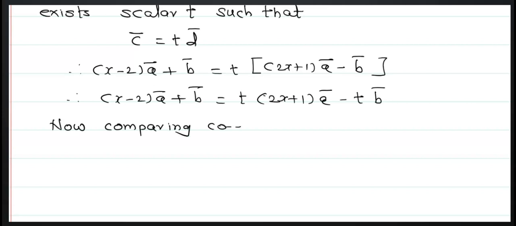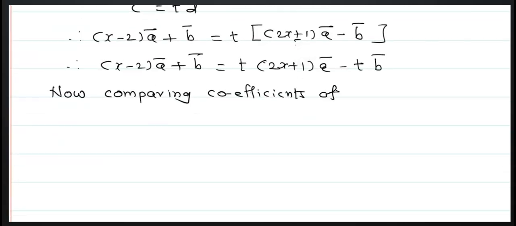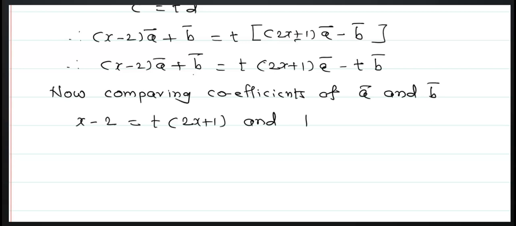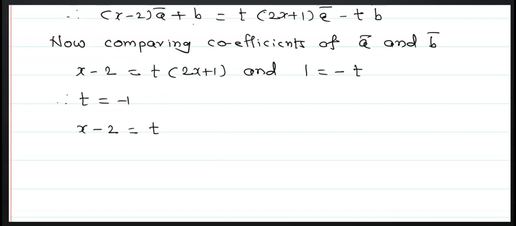Compare the coefficients of a bar and b bar. Therefore, you will get x minus 2 is equal to t times (2x plus 1), and 1 is equal to minus t. That is, t is equal to minus 1.